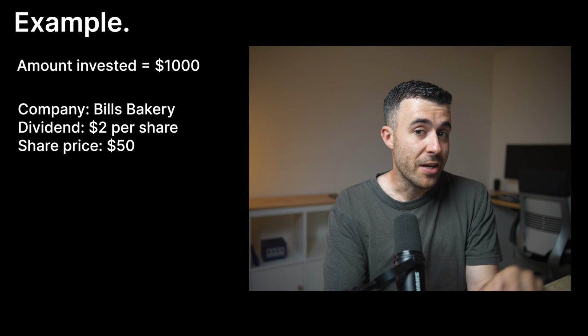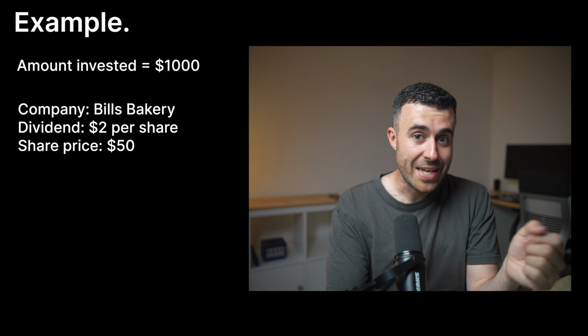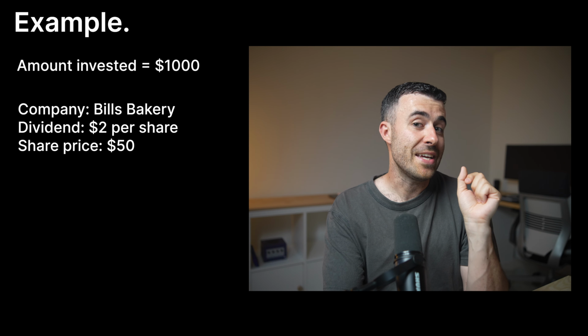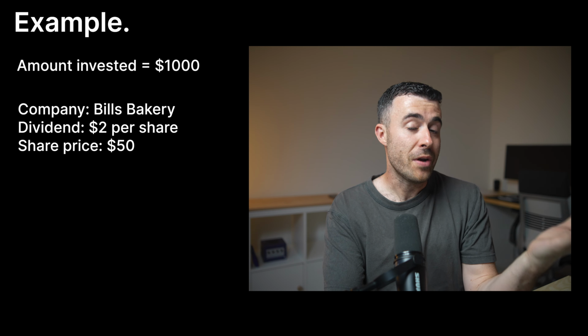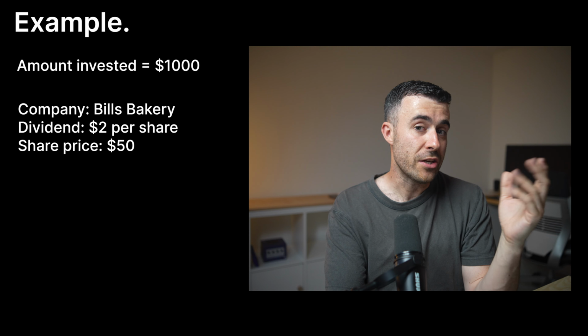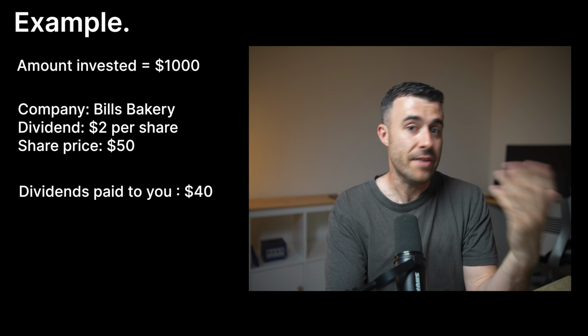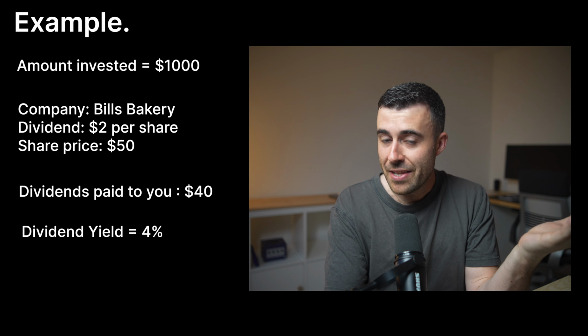And if you don't understand how it really works, you might buy a stock for the wrong reasons and end up losing out. To explain this further, let's go back to Bill's Bakery and say you invested £1,000 into that stock. If the stock stays at $50 all year and they don't announce any increase or decrease to their dividend payout per share, you'd make $40 in dividend payments. That's the 4% we just mentioned.